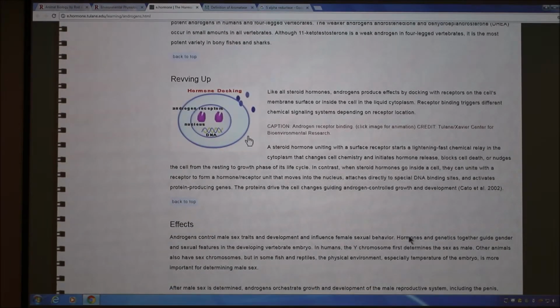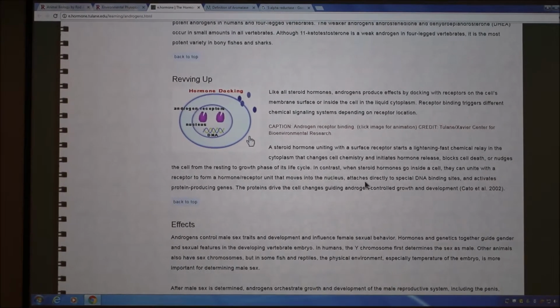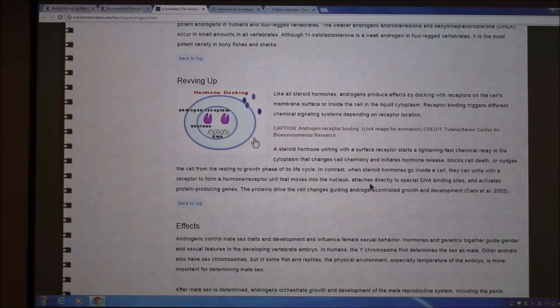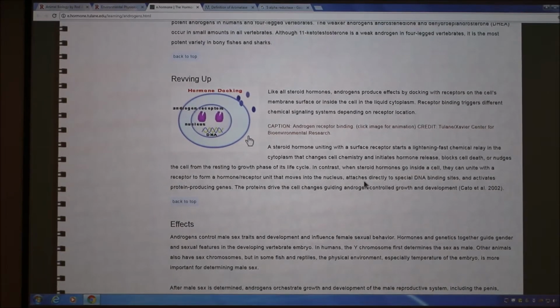Now this is like a review, it's talking about hormone docking. Here's the quick synopsis of that. If it's a protein hormone, it usually binds to the receptor on the cell membrane, facing outside. Steroid hormones usually have an intracellular receptor.